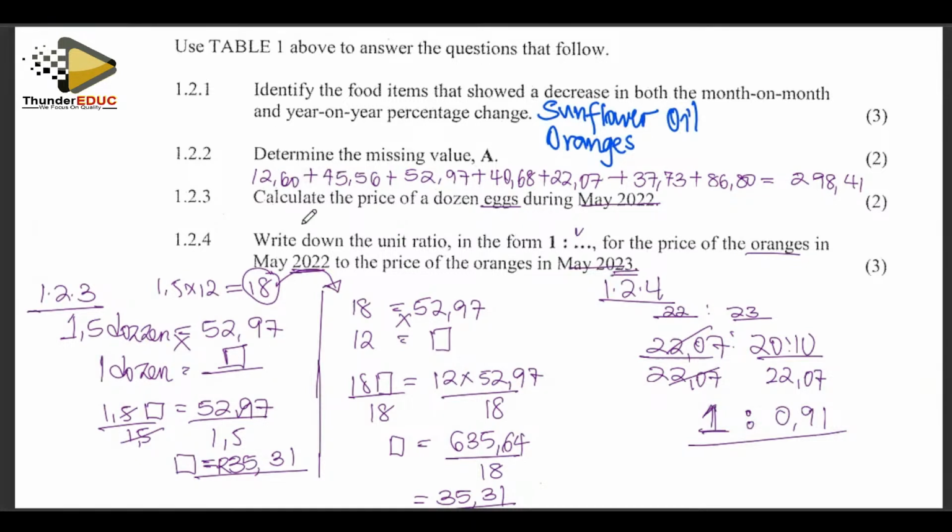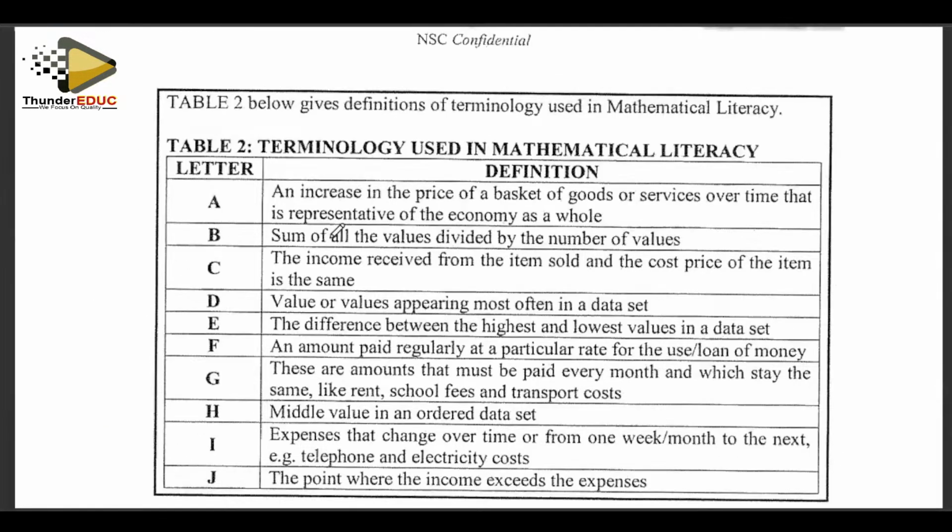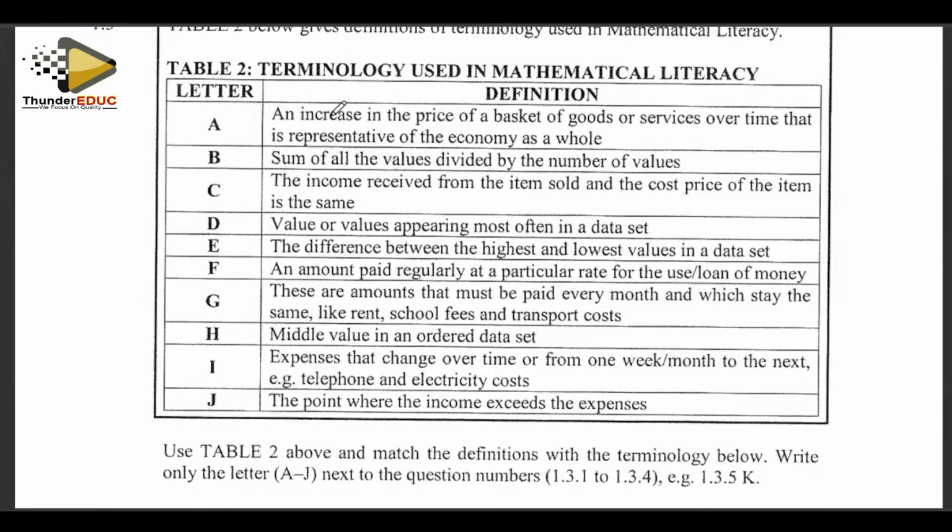All right, let's continue and we look at question number 1.3. 1.3 brings us the terminologies and we always match. Table 2 below gives definitions of terminologies used in mathematical literacy. An increase in price of the basket of goods and services, this one is usually what we call inflation.